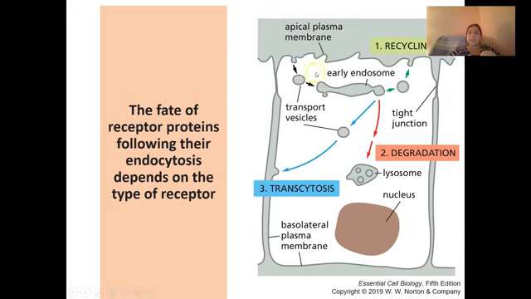In those cases, once that early endosome forms, a vesicle is budded off that will then bind to the basolateral side of the plasma membrane to release its content to the other side of the cell, rather than going back into the plasma membrane on the apical side, which would be interacting with the outside.